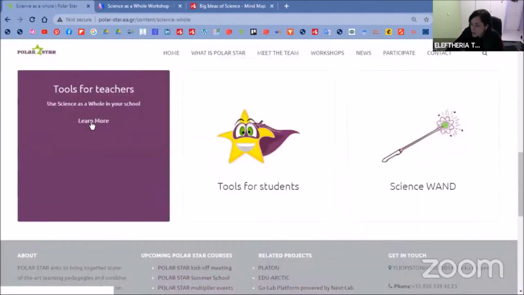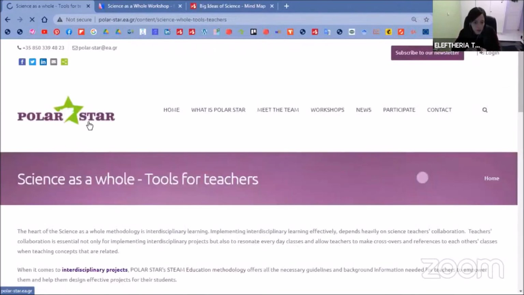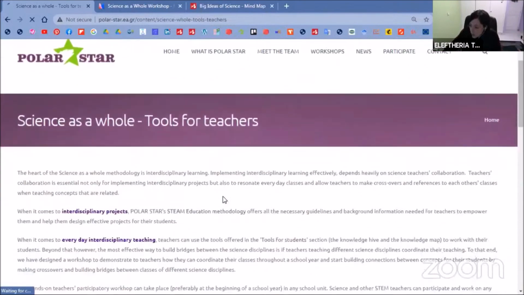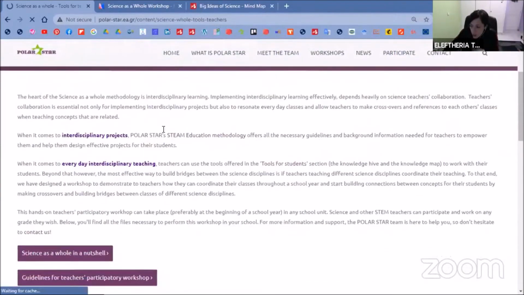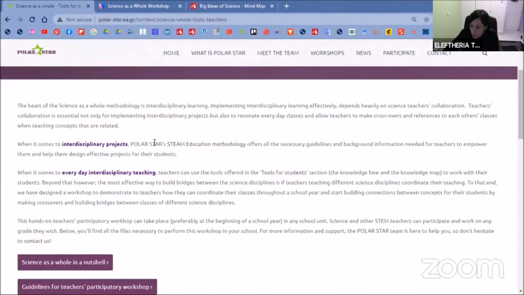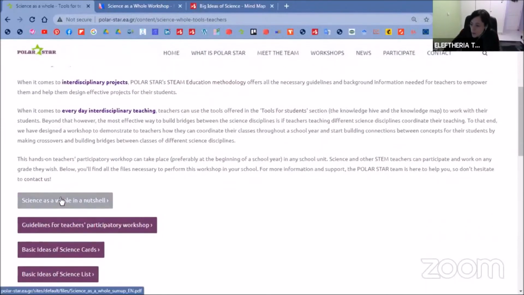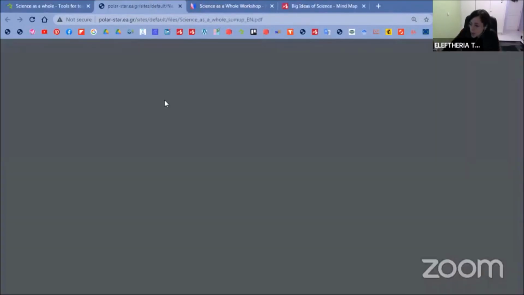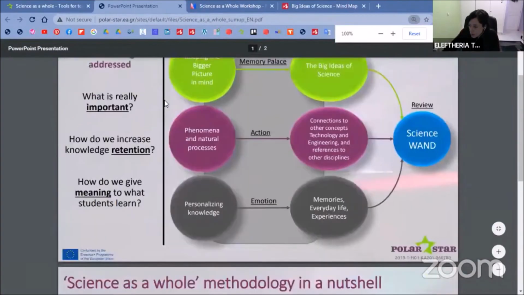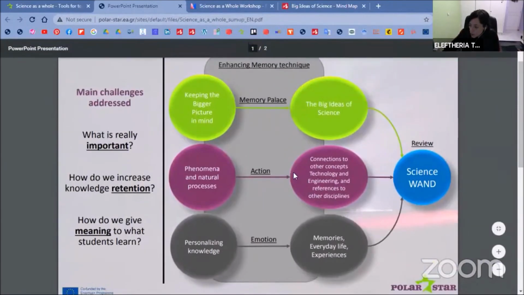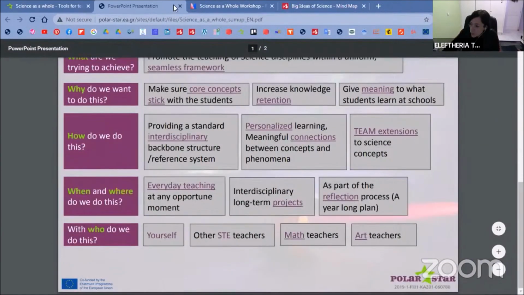And here in the tools for teachers, if you wait a couple of days, until Tuesday, that's when I will be able to upload this presentation for you there. What we have here is a brief description of how you can work with your students in your school. This is a sum up of the entire methodology that we have been talking about.